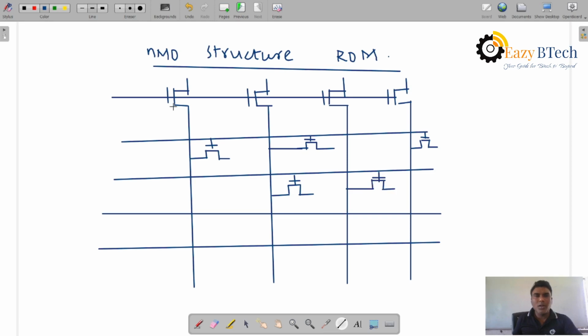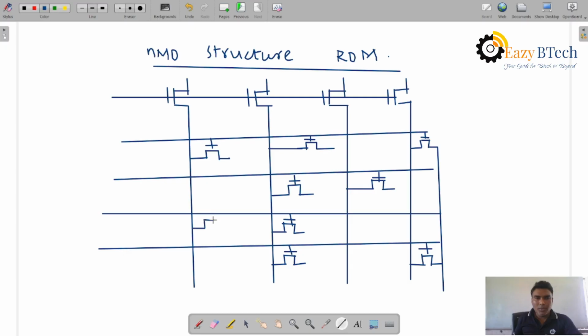The above one is a clock signal. When the NMOS transistor is present, it stores a 0 bit.